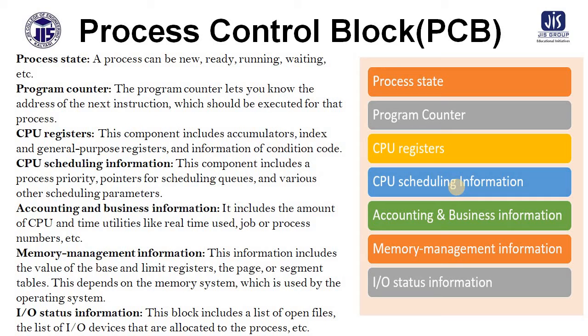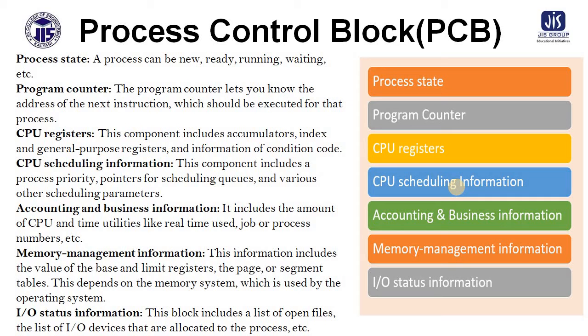Next is the CPU register. We all know CPU registers are the very first memory. Among all the memory, CPU registers are the fastest memory. The components include accumulators, index registers, general purpose registers, and condition code information. Next is CPU scheduling information.